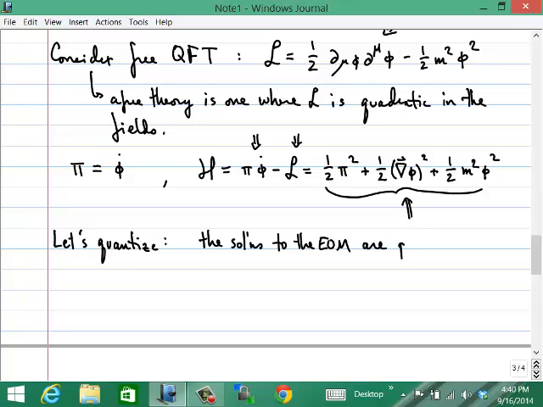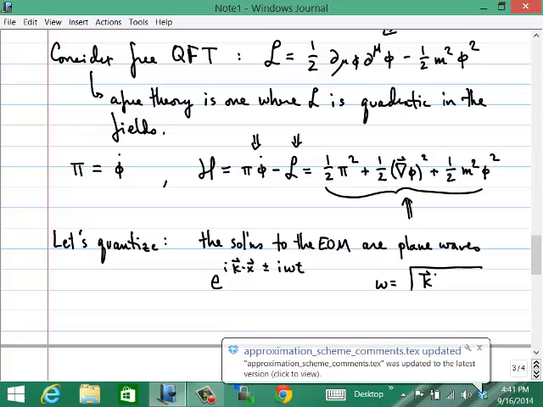In particular, they're just plane waves. So they're plane waves of the form e to the i k dot x plus or minus i omega t, where omega here is our old friend, the energy in special relativity, the square root of k squared plus m squared.